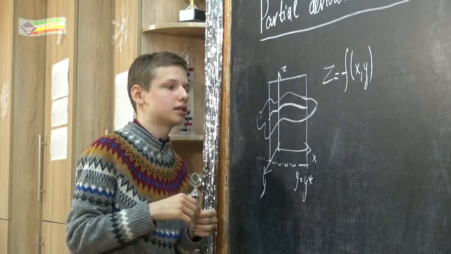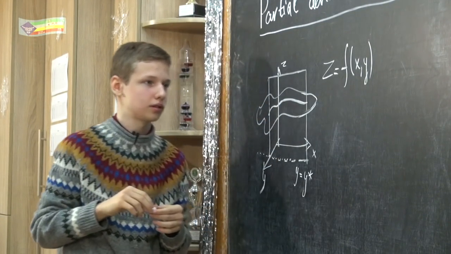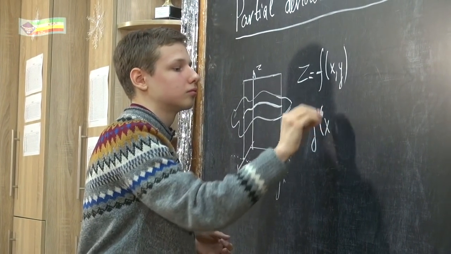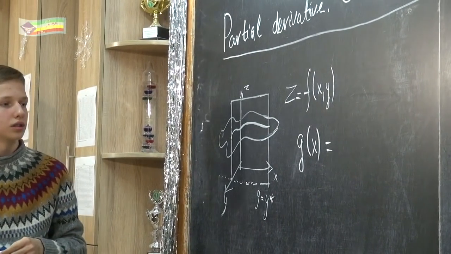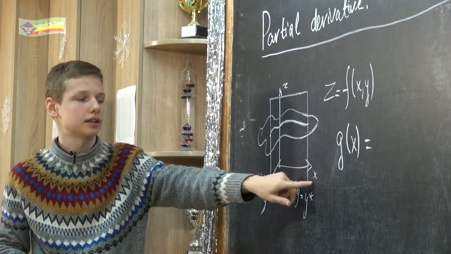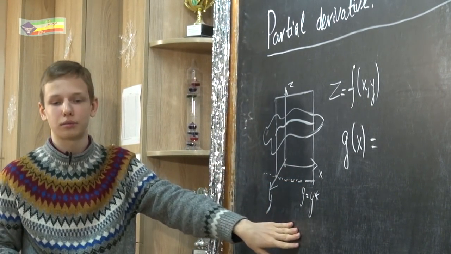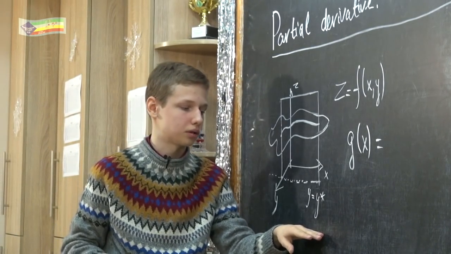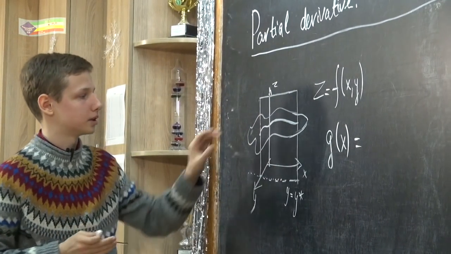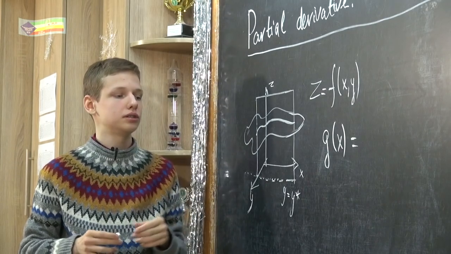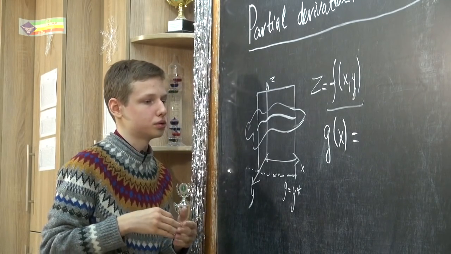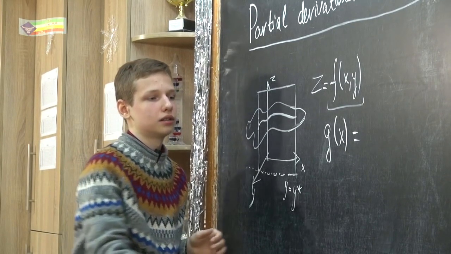And now we can consider this graph as a 2D graph of a new function, which really depends only on the x variable, because we've reduced the number of parameters and chosen our y parameter to be y star. Because our plane intersects with this 3D graph, all points of intersection can be found by this formula.